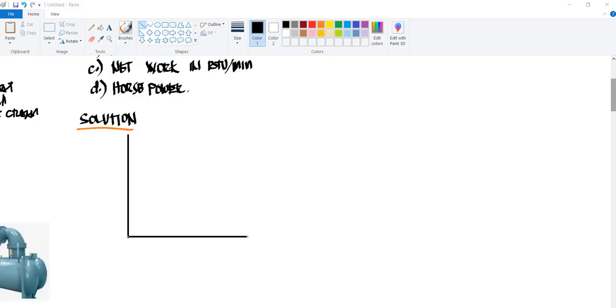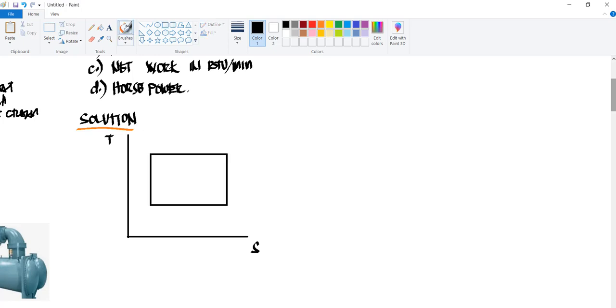First things first, to make it easier to understand, let's draw the TS diagram. We have temperature here and entropy here. Let's draw the TS diagram like this.